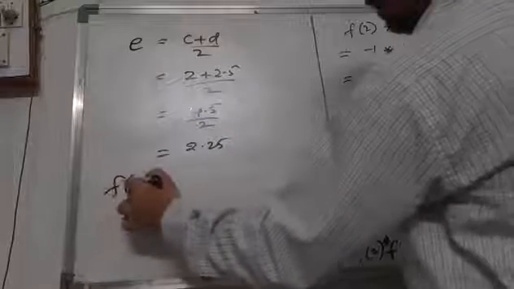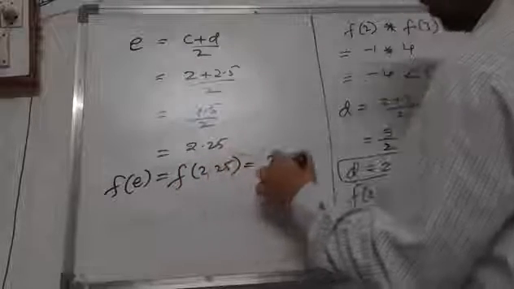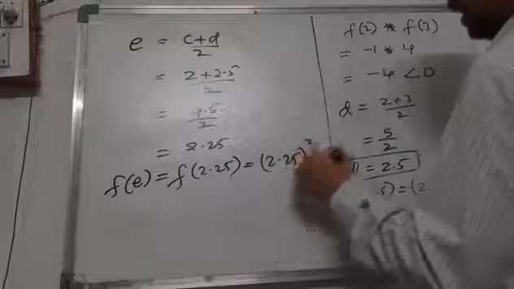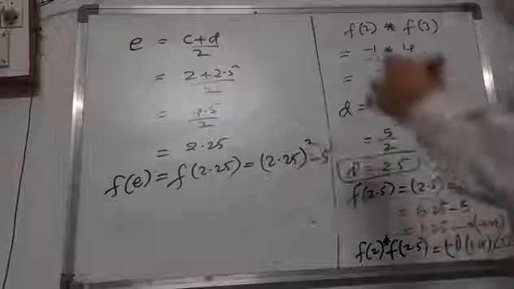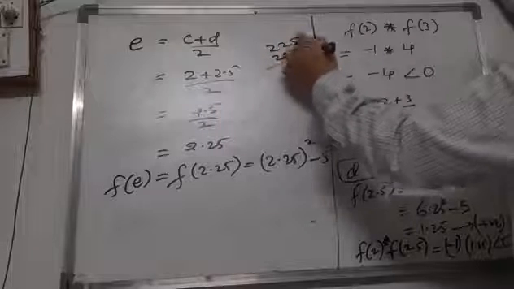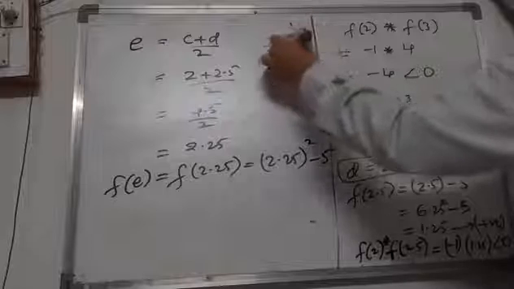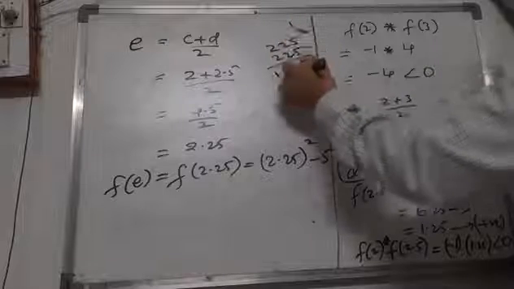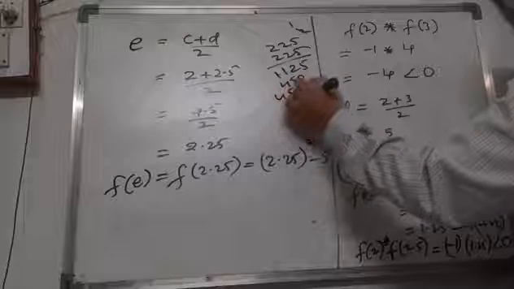So f of e, that is nothing but f of 2.25 is equal to 2.25 whole square minus 5. Okay, so what is 2.25 whole square? 225 into 225 you do: 5 5 is 25, 2 5 2 is 10, 12, and so on. Here you will get 450, here you will get 450.